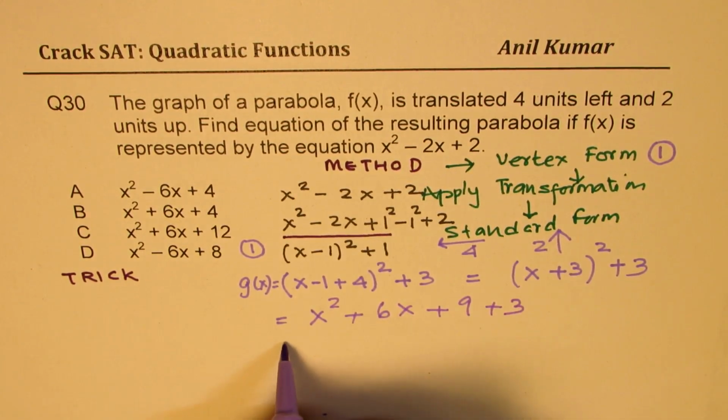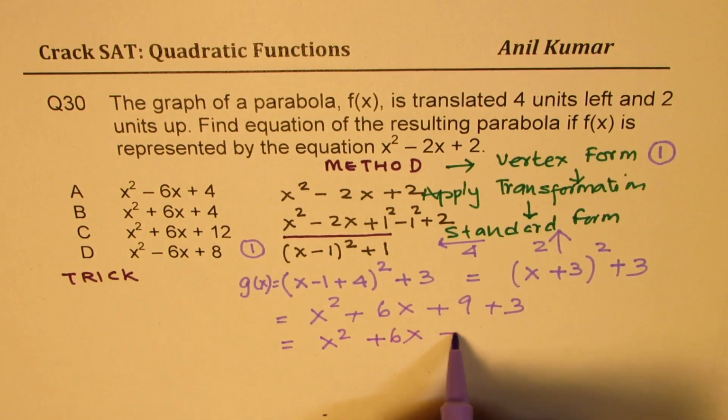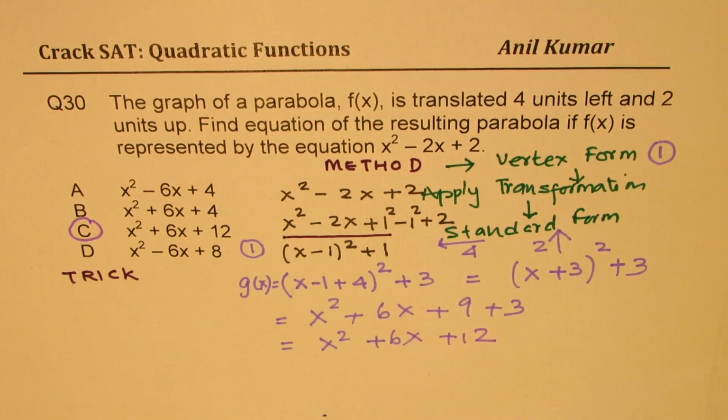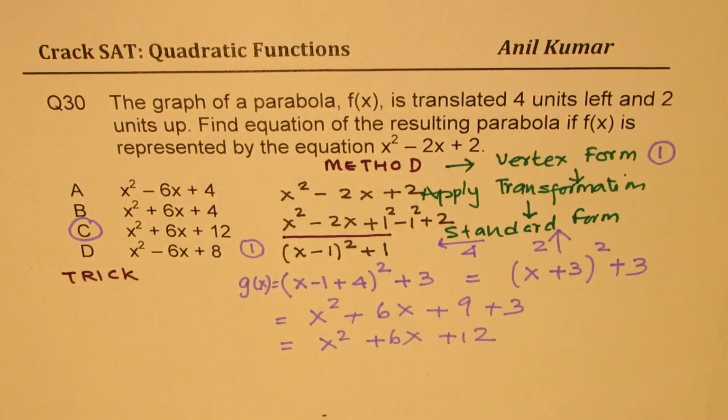And that clearly gives you the value as x squared plus 6x plus 12. And you do get the answer, which is option C. Perfect. But it takes time, as you have seen, right? Even if you do it much faster, it will take more than 2 minutes. Now, well, that is fair enough for question number 30 also.